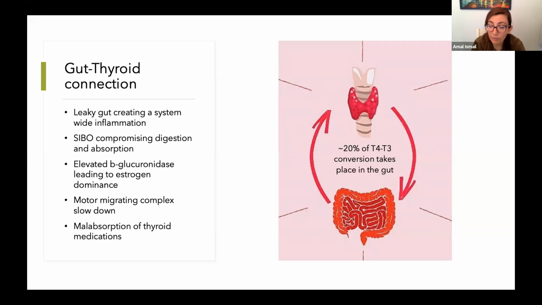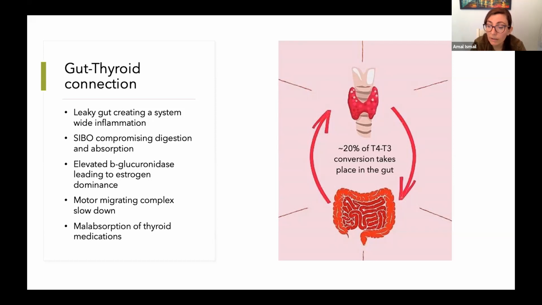Goitrogens is something that Farah will talk about, but essentially from the gut perspective, those types of foods disrupt the production of the thyroid hormone by interfering with iodine uptake into the thyroid gland. So they compete with iodine.